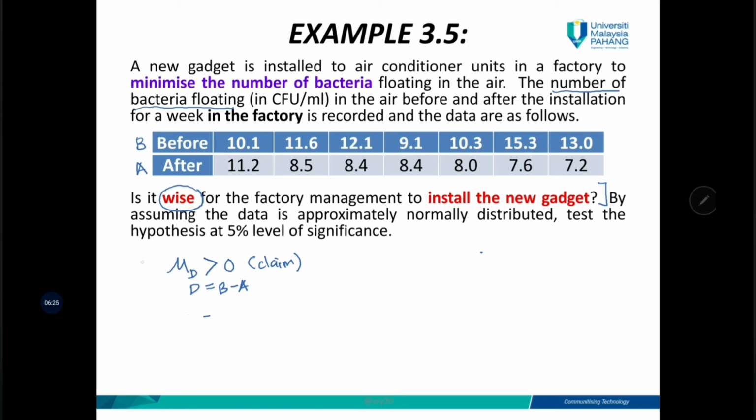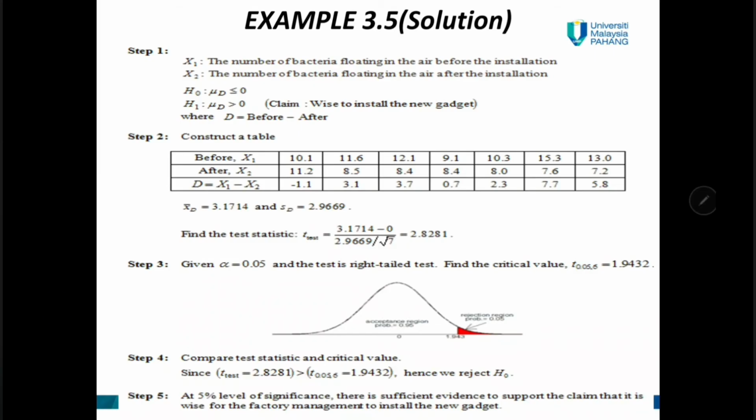Since this is H1, we can construct H0 for step 2. We get the difference data between data before and after as shown here. From this difference data, by using a calculator, we can get x bar d and s d.